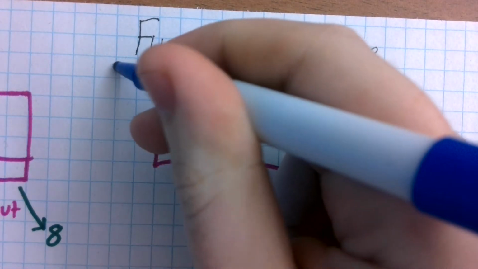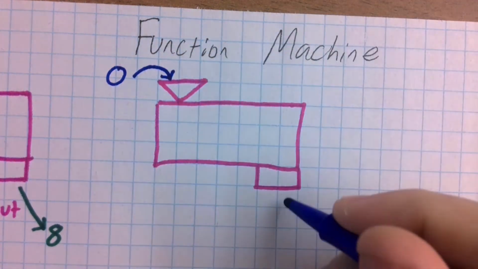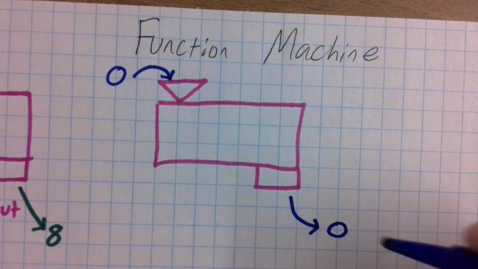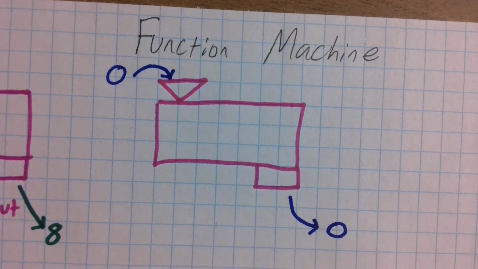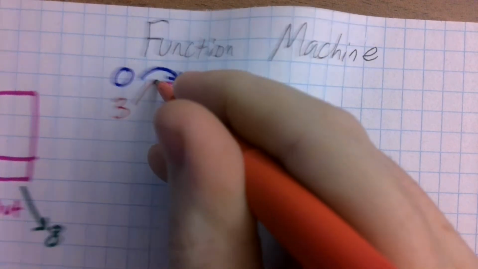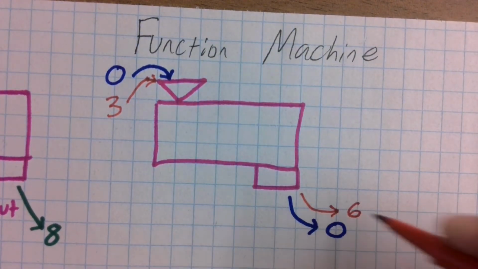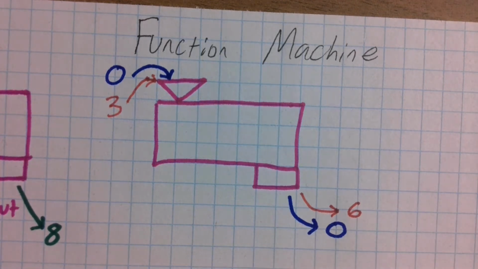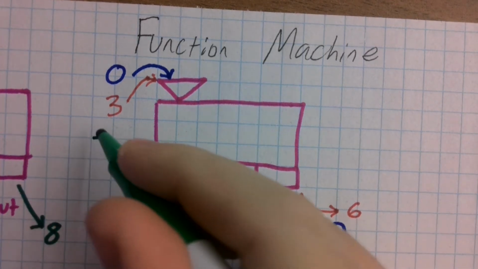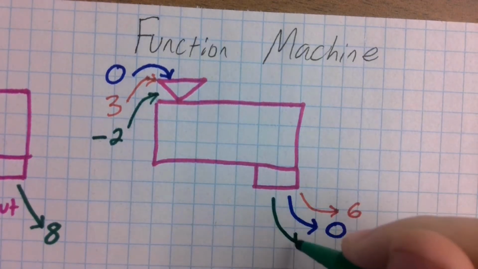So if I put in 0 into the function machine, I get out, well, 0. If I put 3 into the function machine, I get out 6. And if I put in a negative 2, I get out negative 4.